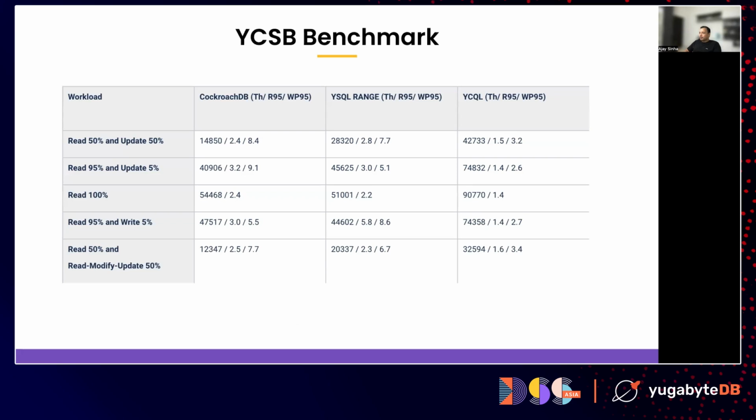We also ran the YCSB benchmark just to get confidence for our workload. We simulated 100 million records, each 1 KB in size, for different types of workloads, which we see here. We benchmarked both CockroachDB and Yugabyte for both interfaces, and as we can see, Yugabyte outperformed CockroachDB for most of the workloads.